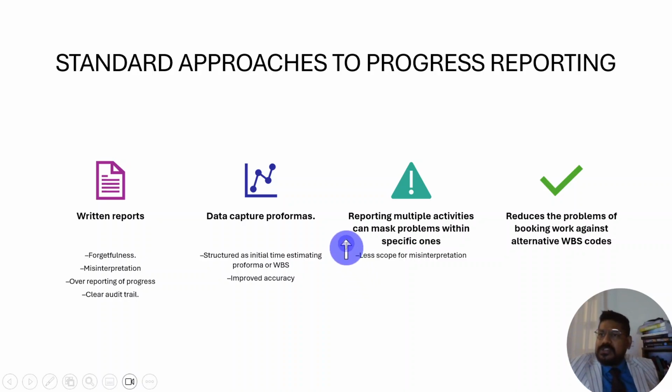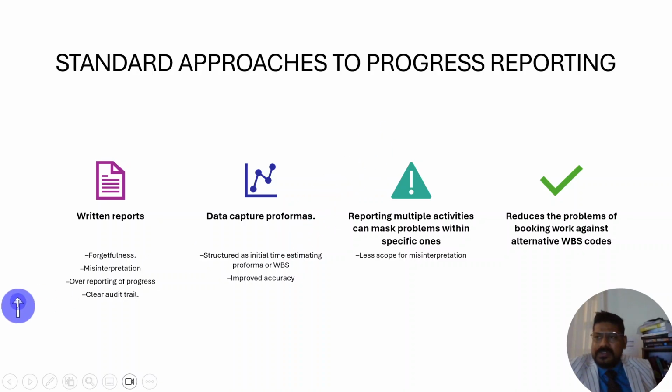Standard approaches to progress reporting: written reports, data capture performers, reporting multiple activities can mask problems within specific ones and reduces the problem of booking work against alternative work breakdown structure codes. So these are standard approaches to progress monitoring.